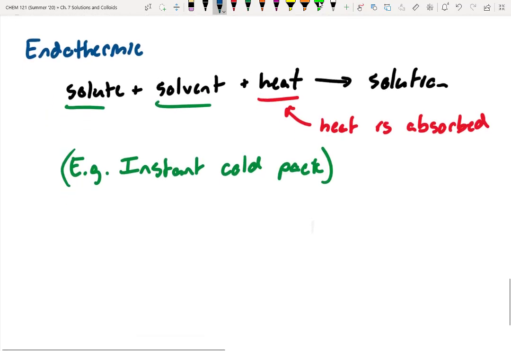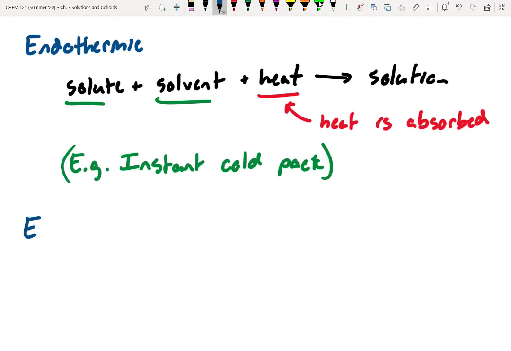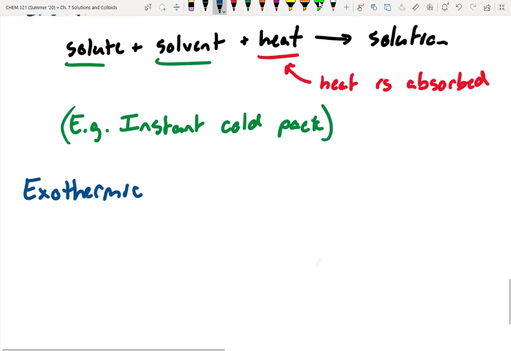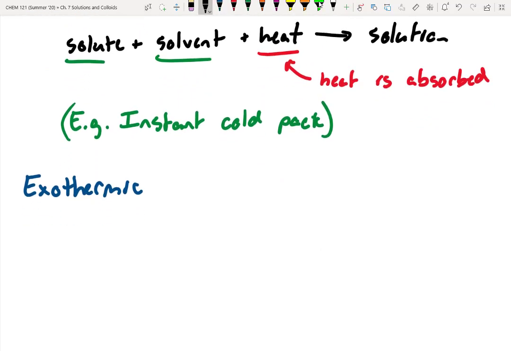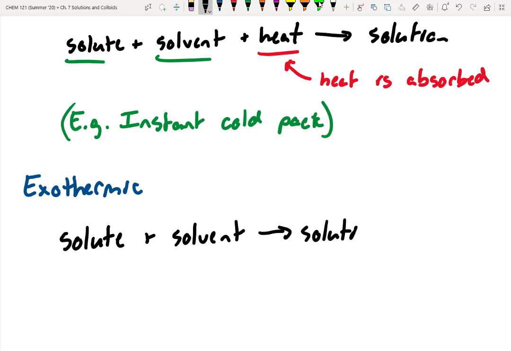All right, the next ones are going to be exothermic. There's essentially solutes that when you add to a solvent will create a solution and then kick off heat.